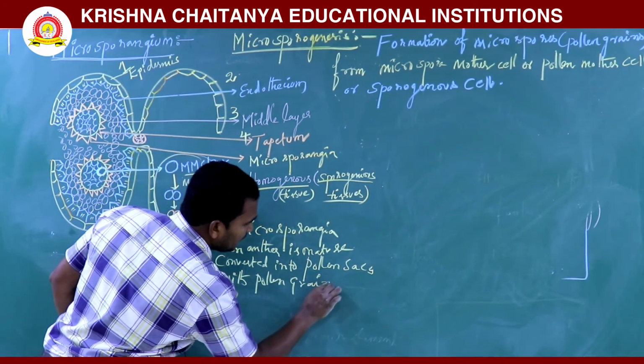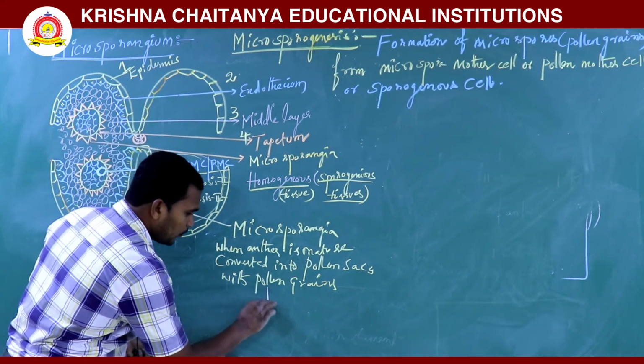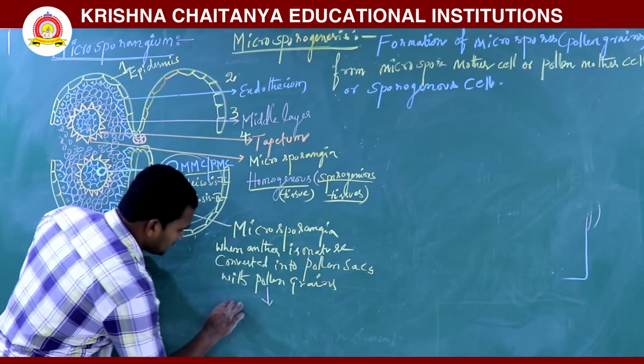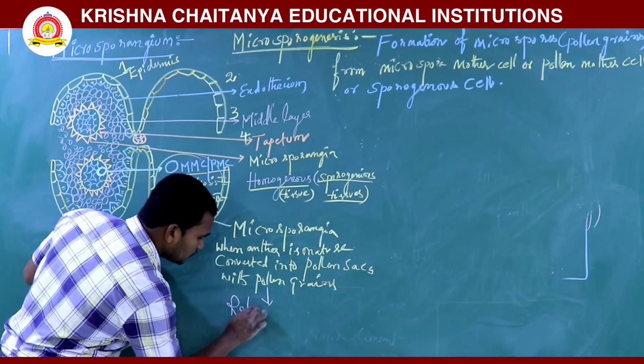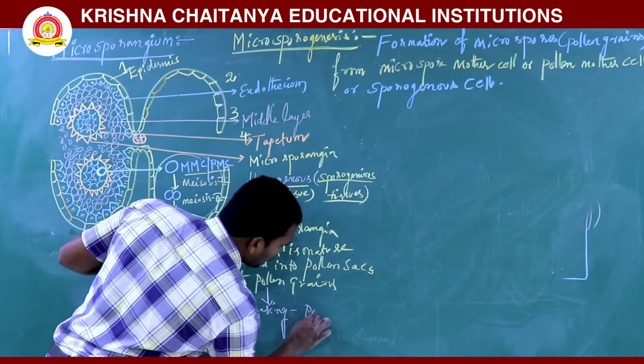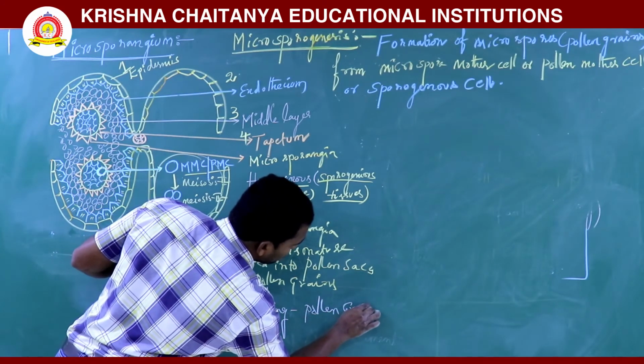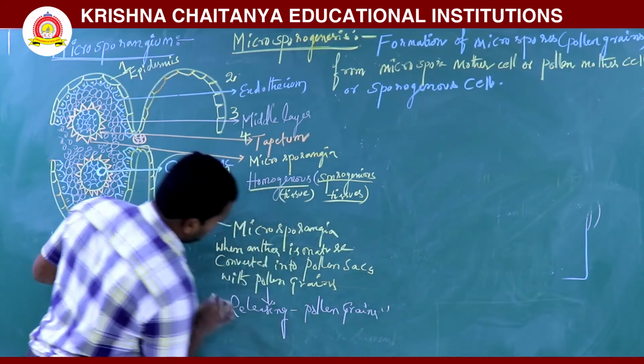When the anther is completely mature, the pollen grains are released into the atmosphere.